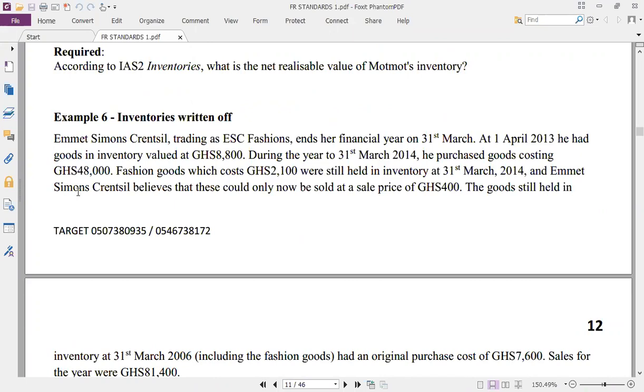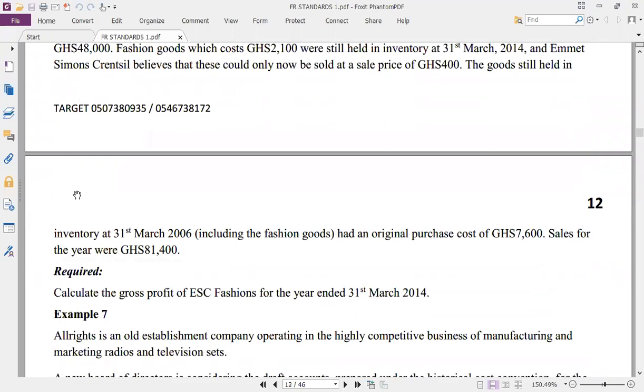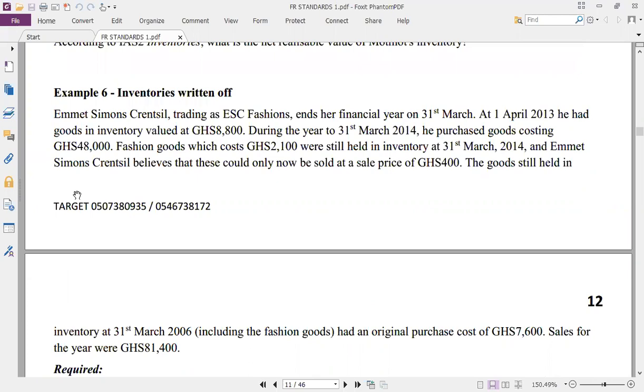So let me go to example 6. Example 6: Calculate the gross profit for SC Trading Limited.